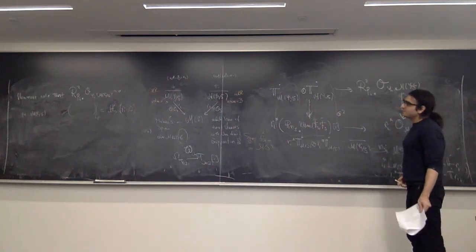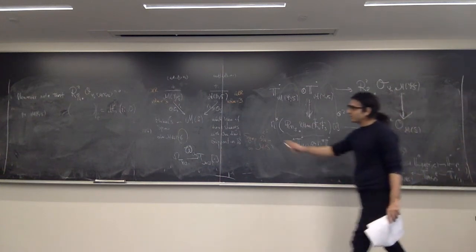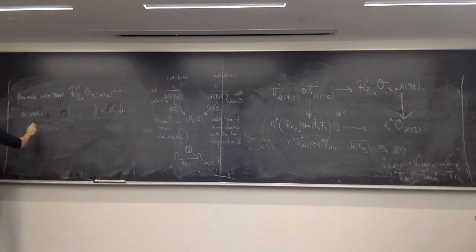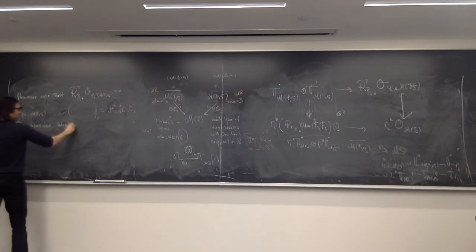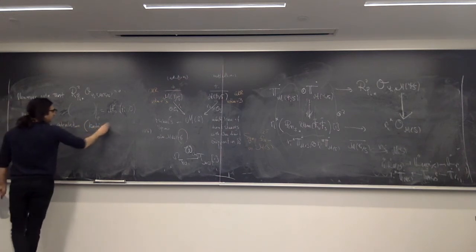And this fiber-wise calculation is enough because you can actually see that by Kodaira vanishing, this vanishes. So this is equal to 0 by fiber-wise calculation, and indeed Kodaira vanishing.